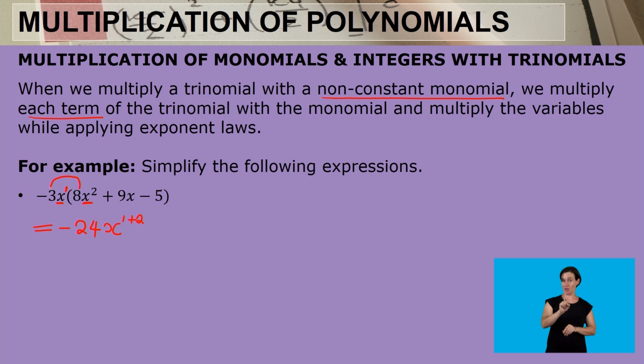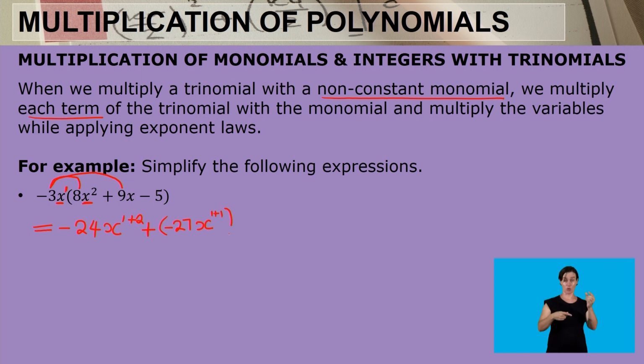Then we are going to multiply the negative 3 with the 9. So we are adding in this bracket, and when we say negative 3 multiplied by 9, that will give us a negative 27. And of course, we're going to multiply the variables as well, and because they have the same base, we are going to add the exponents.